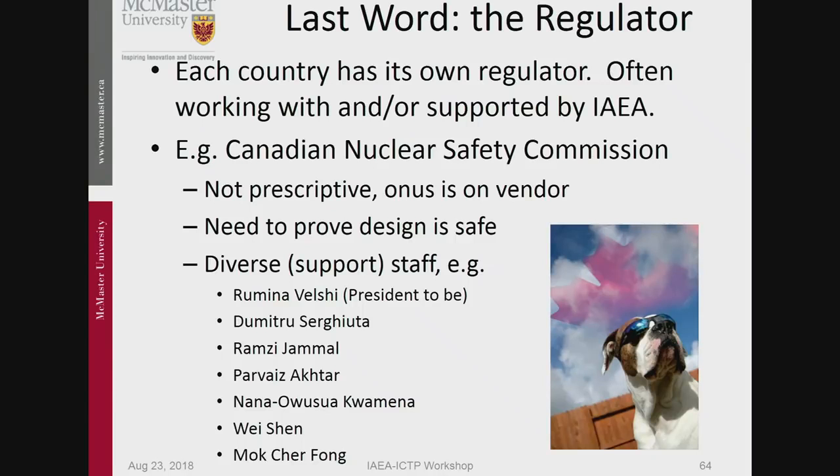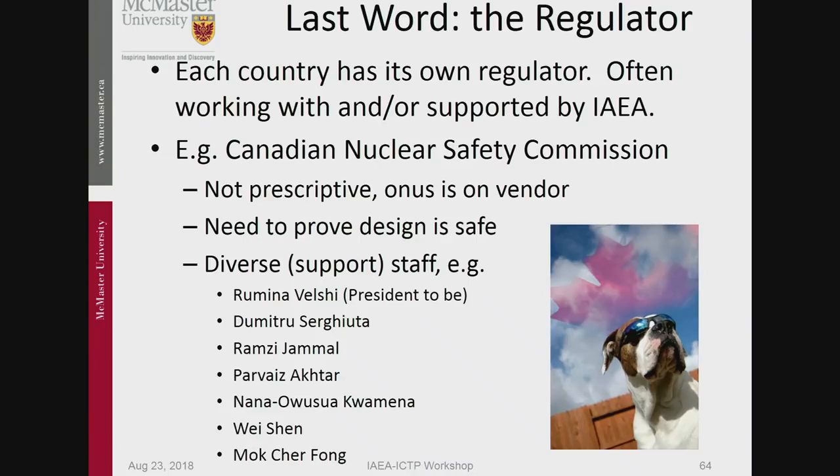And I mentioned the Canadian Nuclear Safety Commission, which is our regulator, because I know them very well. And they have this logo here. This is the Canadian maple, and this is a watchdog, of course, right? The CNSC is the nuclear watchdog.